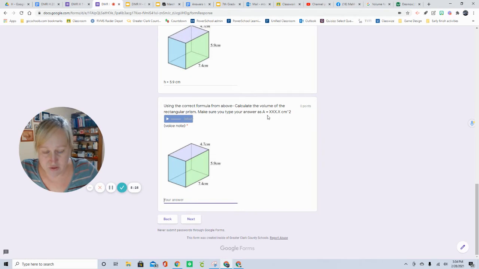I have to type it as instructed: capital A space equals space 205.2 space, and my units are centimeters, cm. I use shift 6, that makes that caret, squared. I hit next.